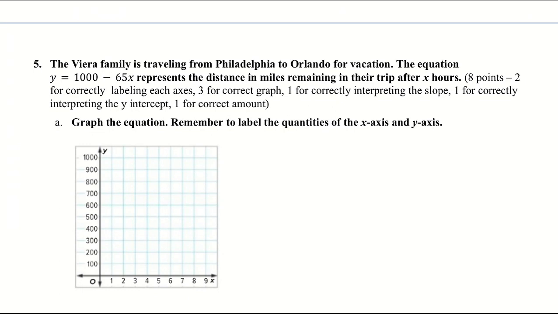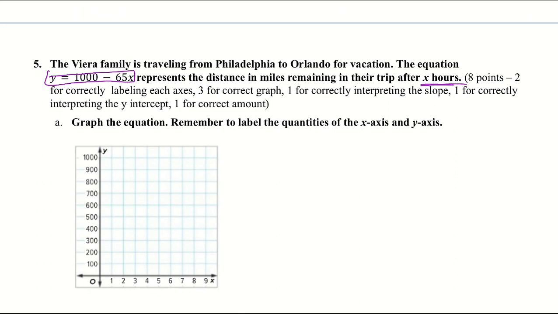The equation y equals 1,000 minus 65x represents the distance in miles remaining in their trip after x hours. This one has 8 points: 2 for correctly labeling the axes, 3 for the correct graph, 1 for correctly interpreting the slope, and 1 for correctly interpreting the y-intercept. It's a lot going on.